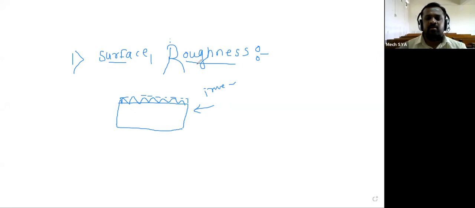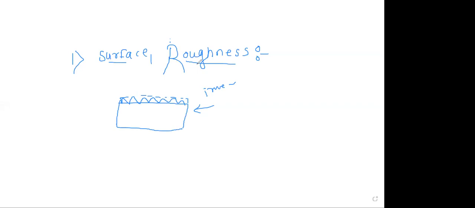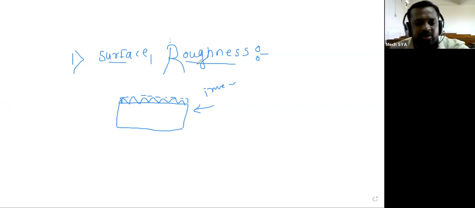Whether you have seen a mobile screen, or see, this is the mobile backside. You have to move your hand on this surface, whether it is rough or smooth. It is smooth. Okay, and for example you can take another example.